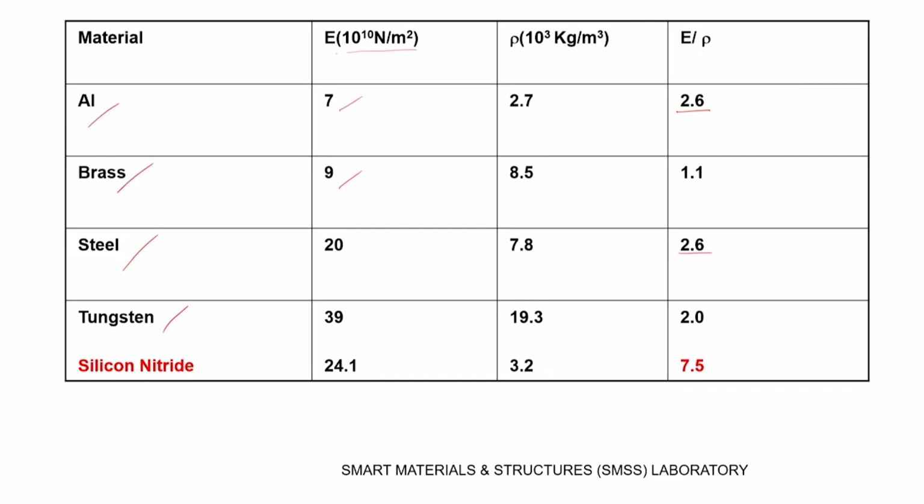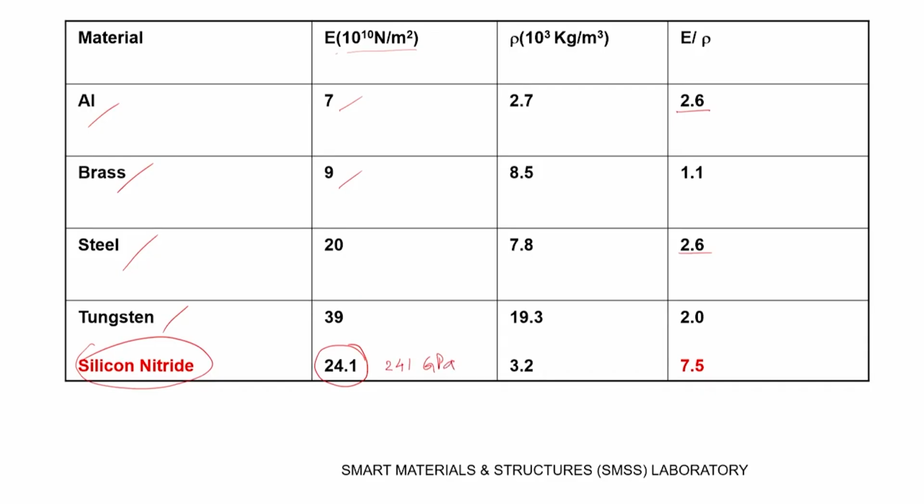However, at that small scale, if I have to develop something, I have a better material available with me. This material is known as silicon nitride, and silicon nitride has a modulus of elasticity of 24.1 into 10 to the power 10, that is 241 gigapascal, more than steel.